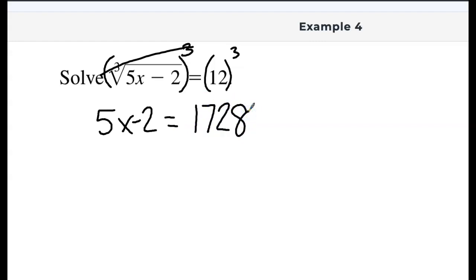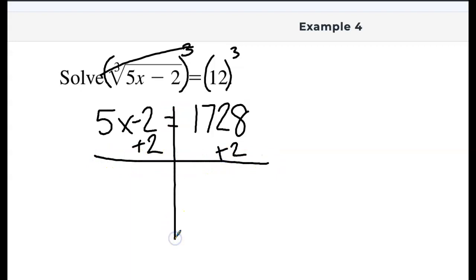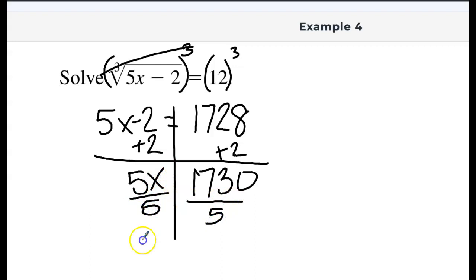Then what would I do? Add 2 and I'd get 1,730. Then divide by 5. 346. So X equals 346.